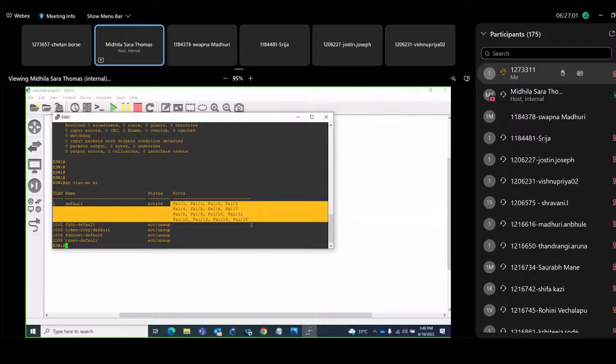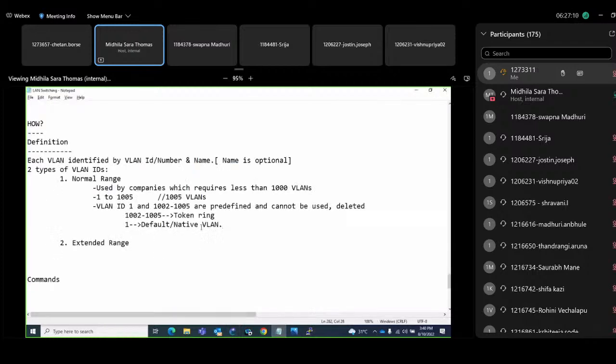Did I do any configuration in VLAN? No, I haven't done anything. Even though you haven't done any VLAN configuration, all interfaces of the switch are assigned to VLAN 1 by default.